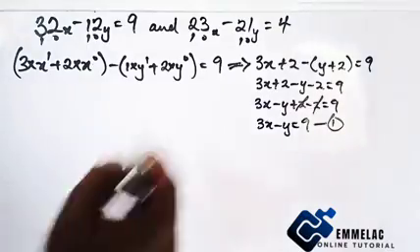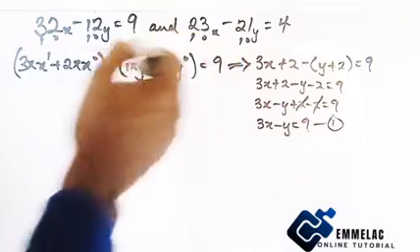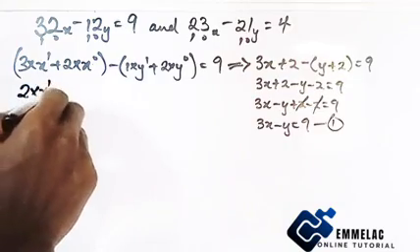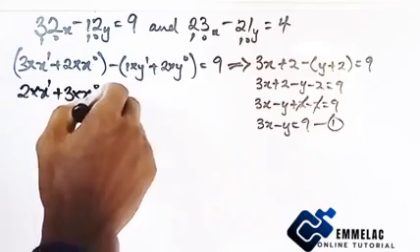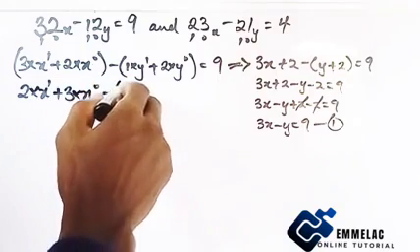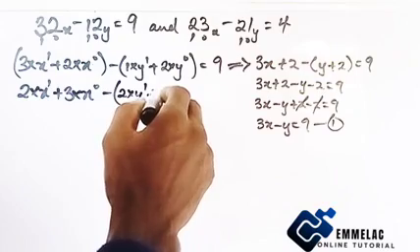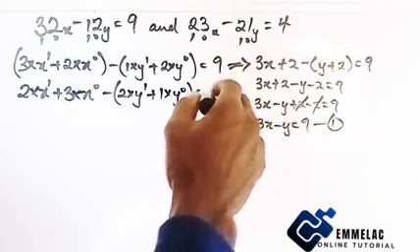Now let's come to this. Expanding this, you have 2 times x raised to power 1 plus 3 times x raised to power 0, then minus, expanding this one also in base y, you have in bracket 2 times y raised to power 1 plus 1 times y raised to power 0, all equals 4.